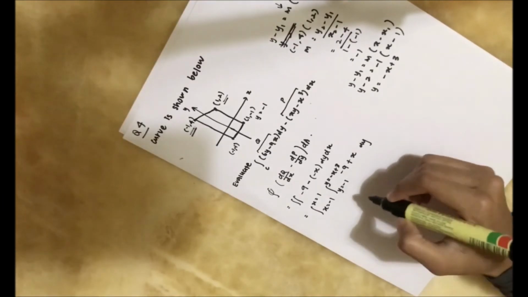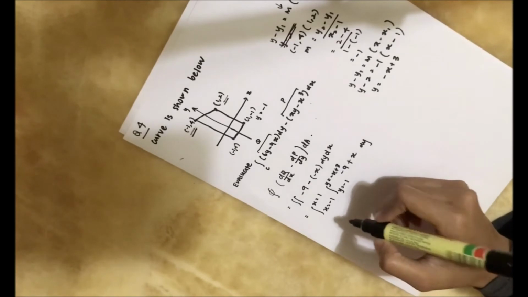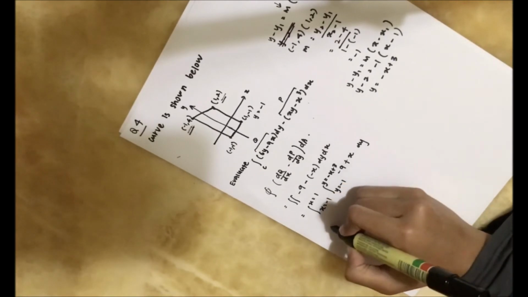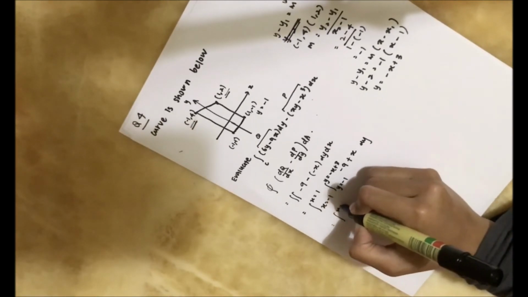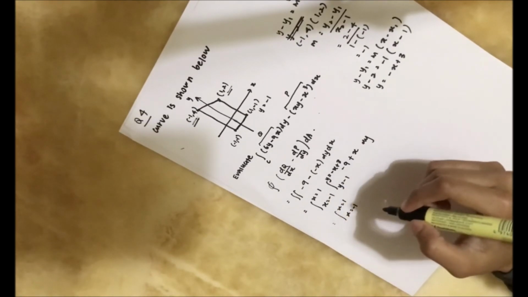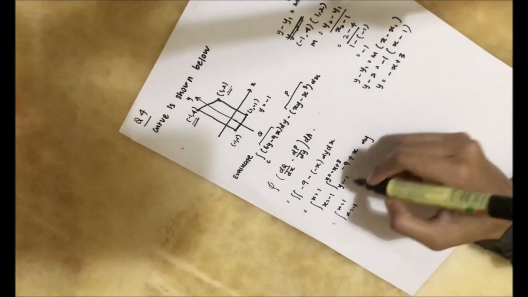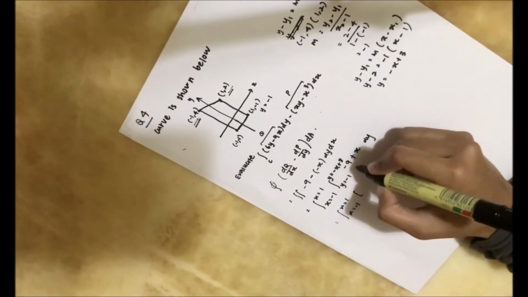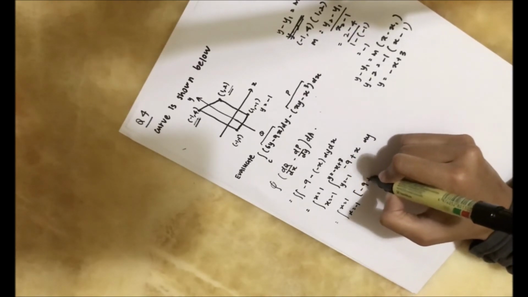Now we use Green's theorem to calculate. First, we integrate -9 plus x.